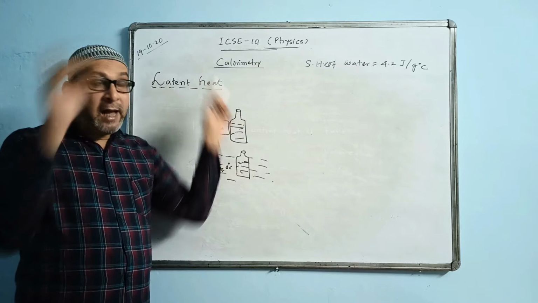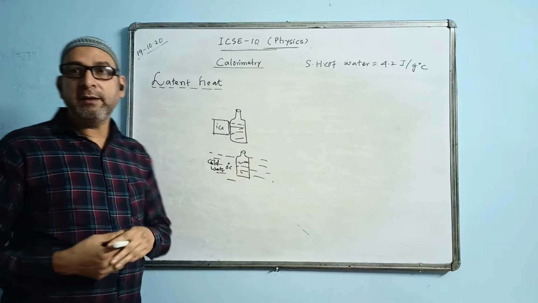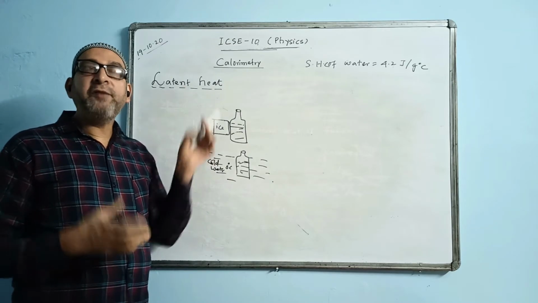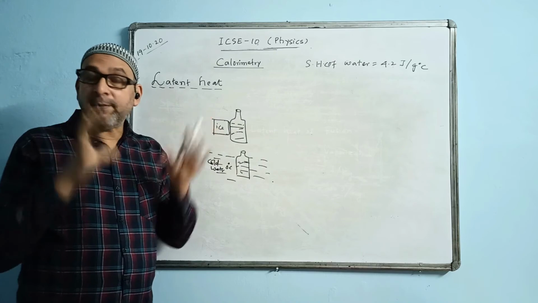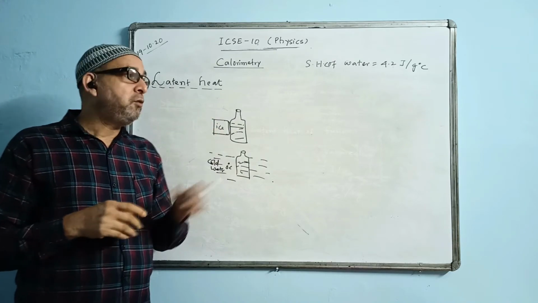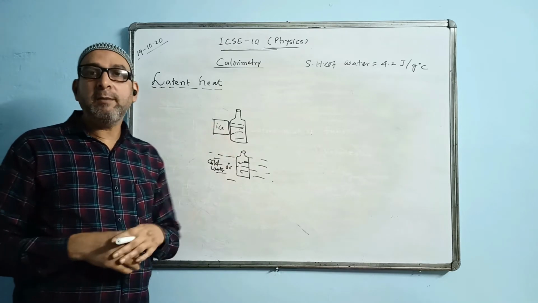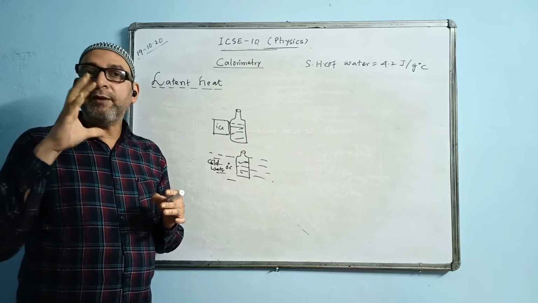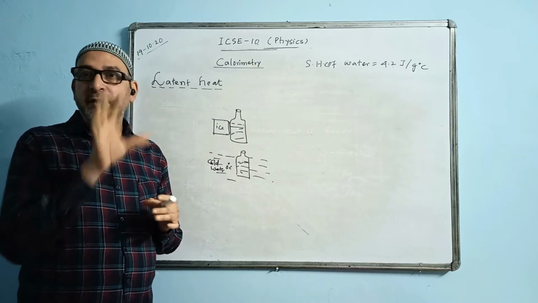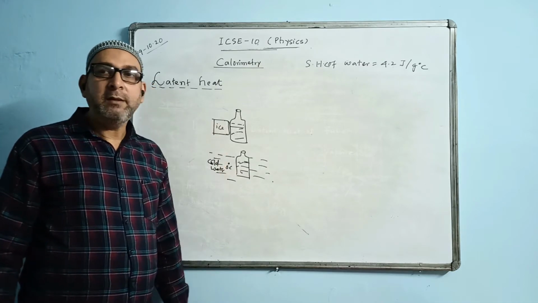Because to melt the entire ice, it requires a large quantity of heat in the form of latent heat. And that much heat is not supplied by the sun in a single day. The sun cannot supply that large quantity of heat to melt the entire block of ice. So all the ice in the Himalayas does not melt. Whatever quantity of heat the sun supplies, with that the ice will melt partially, the glaciers and all will melt partially. So that is the idea here.